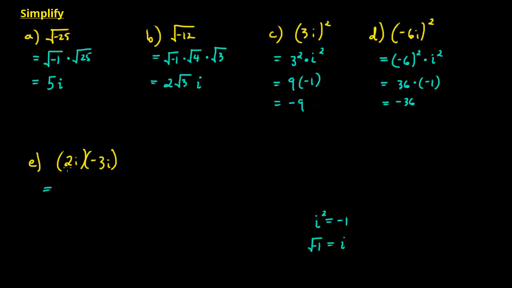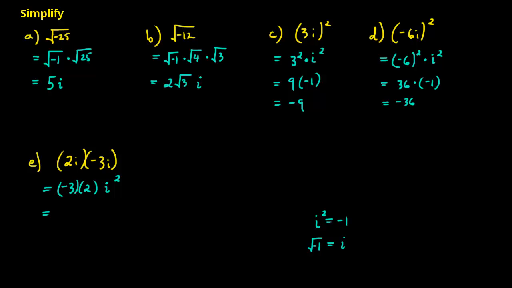Next I've got 2i times negative 3i. Using the associative property and the commutative property, I can rewrite this as negative 3 times 2 times i squared. I just rewrote this product. Let me include brackets here.